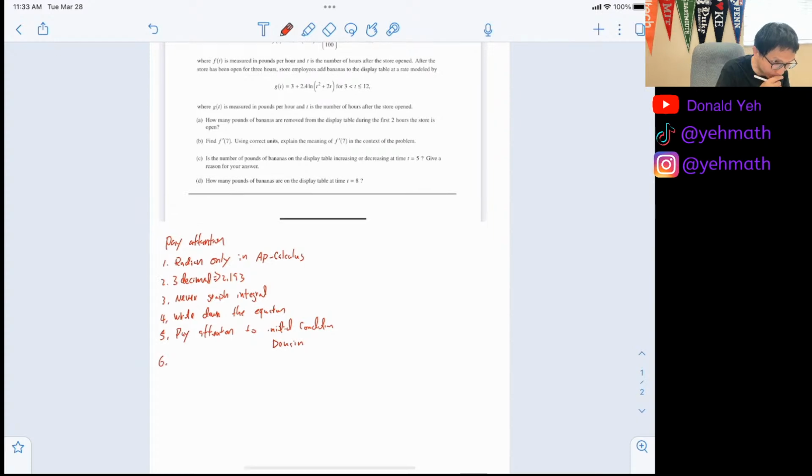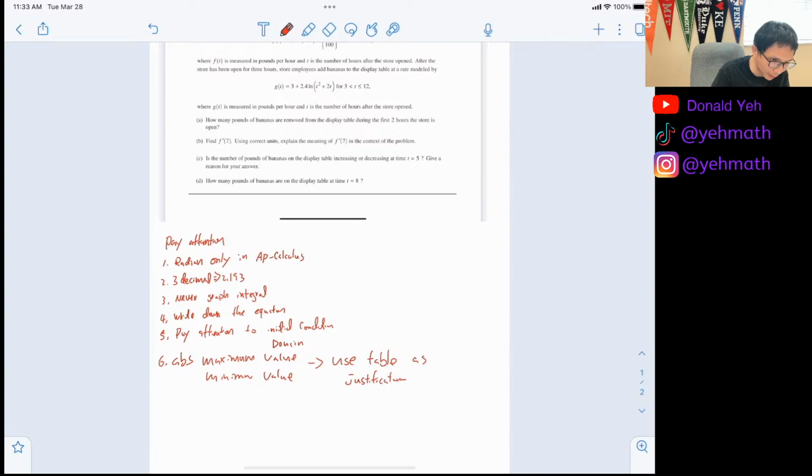Number 6. If they ever ask you for an absolute maximum value or minimum value, use a table as justification.